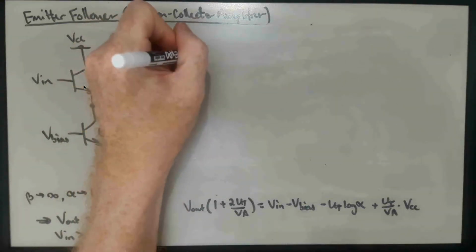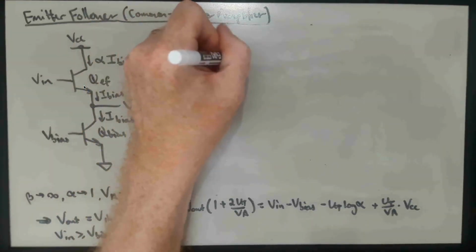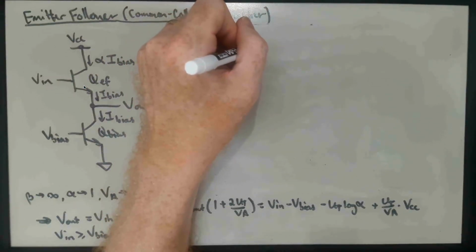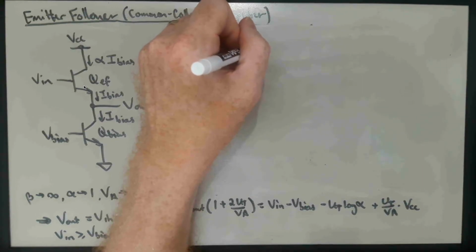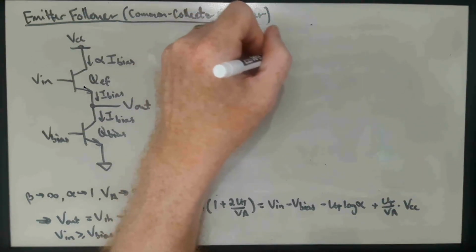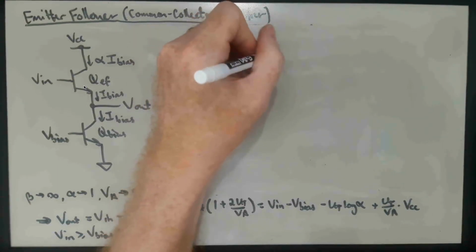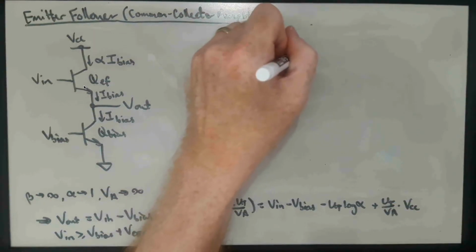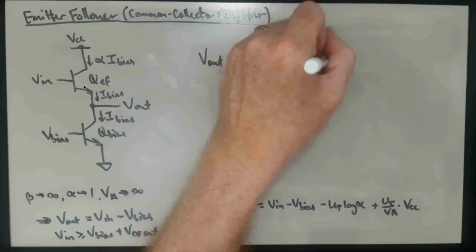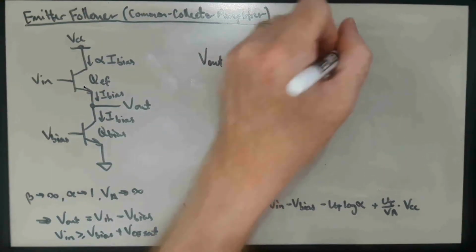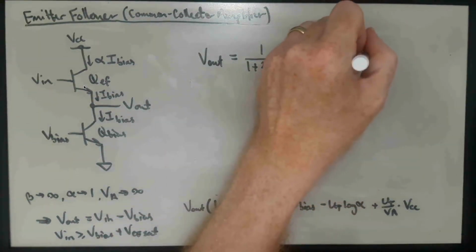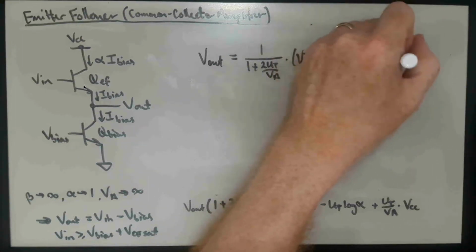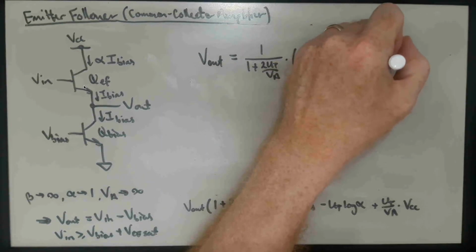And that tells us that V out is equal to one over 1 plus 2 UT over VA times V in minus V bias, minus UT log alpha over the same 1 plus 2 UT over VA.